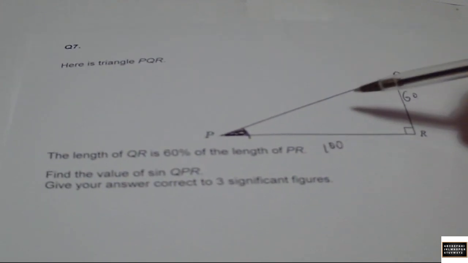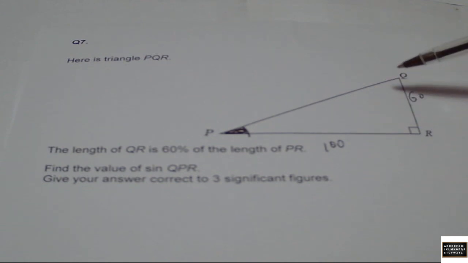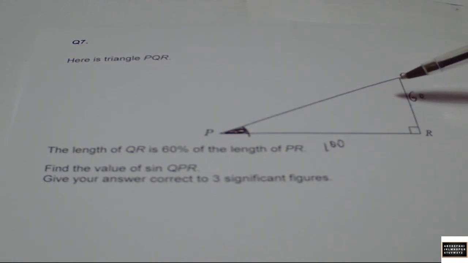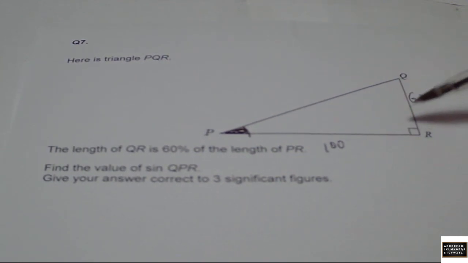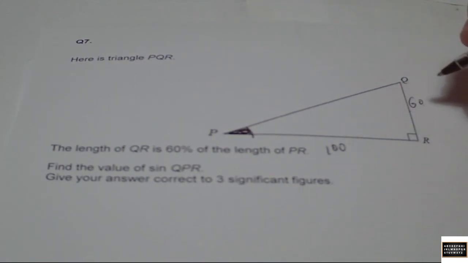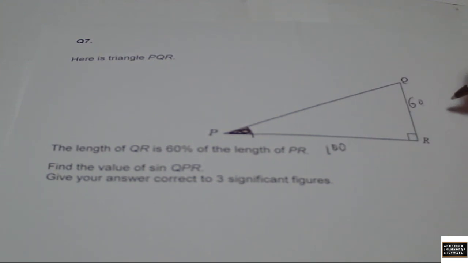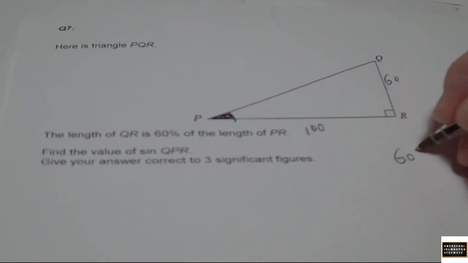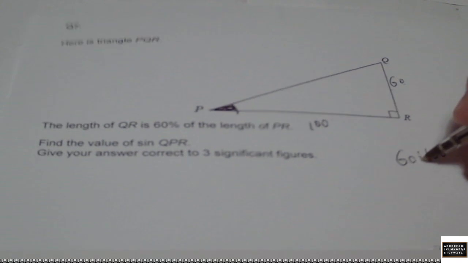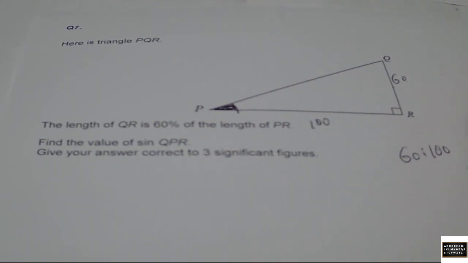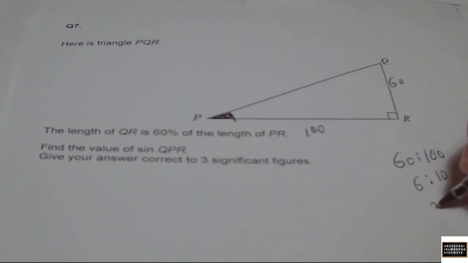So if we're looking at sine, we need to figure out how this relationship works. Because it's similar triangles, this relationship's always preserved, so we can divide these numbers down to make it easier for ourselves. 60 to 100, in its simplest form, is 6 to 10, and then again 3 to 5.